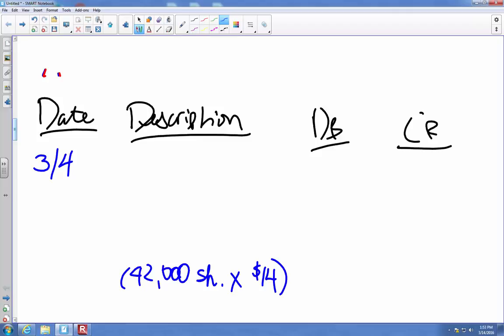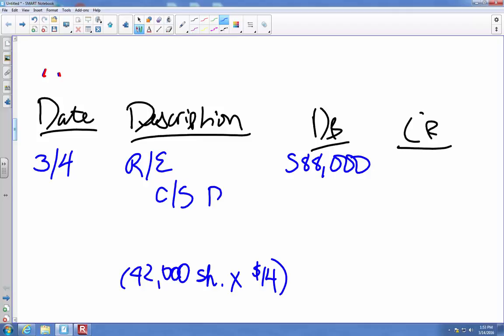So I got 588. What account am I debiting again? And do I go straight to the common stock account? It's not a payable, it's an equity account, right?